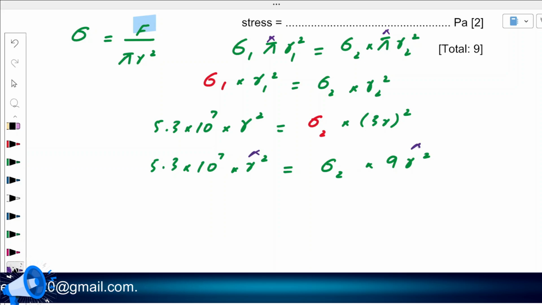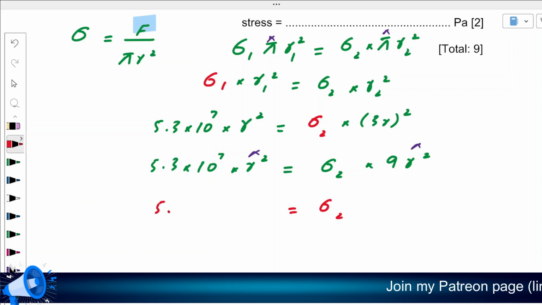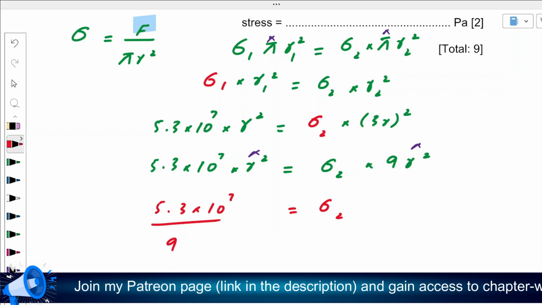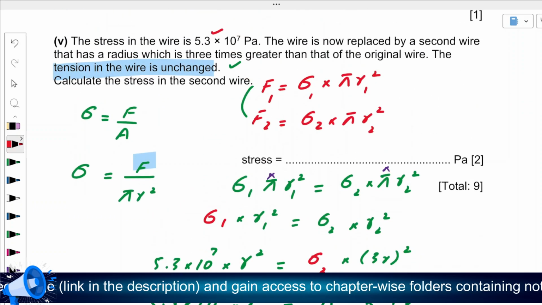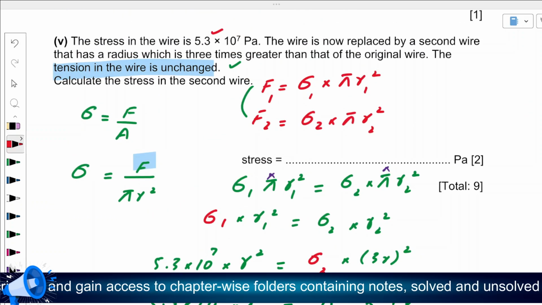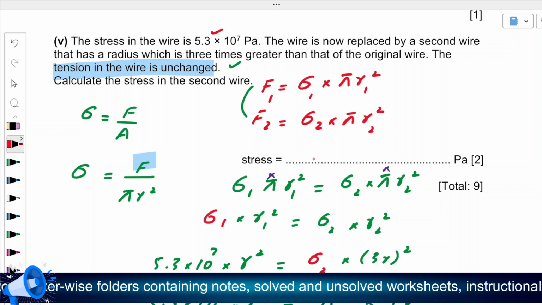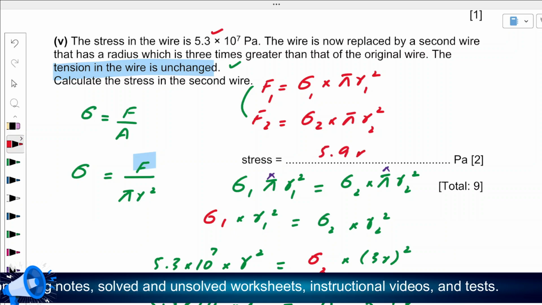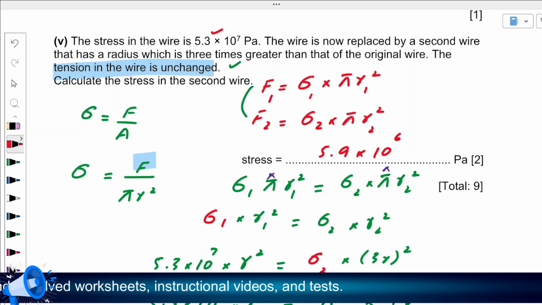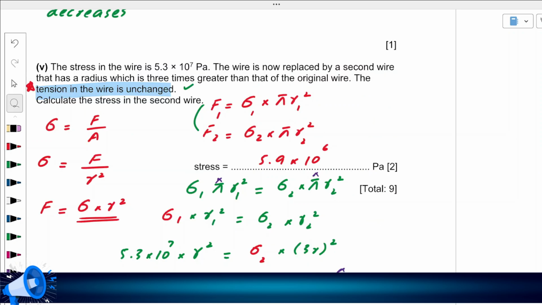R square cancelled out, and sigma 2, the new stress, equals 5.3 into 10 to the power 7 divided by 9. If you hit it on the calculator, you'll be getting 5.9 into 10 to the power 6 into SF. What you get is 5.8888 into 10 to the power 6 into SF, which can be written as 5.9 into 10 to the power 6. Now, what is the alternate method by which you can solve this question?